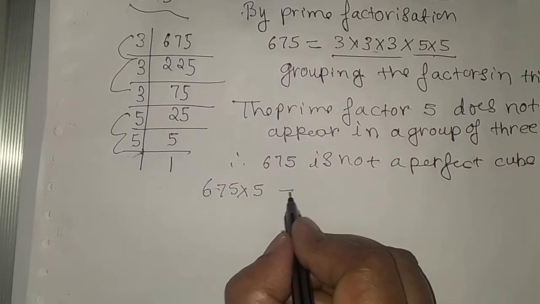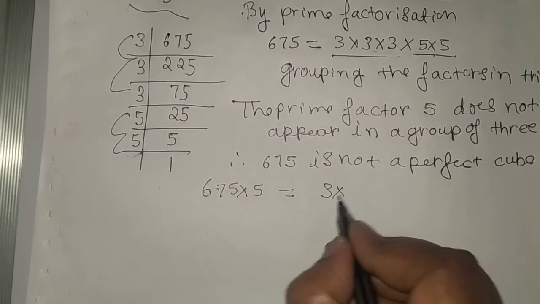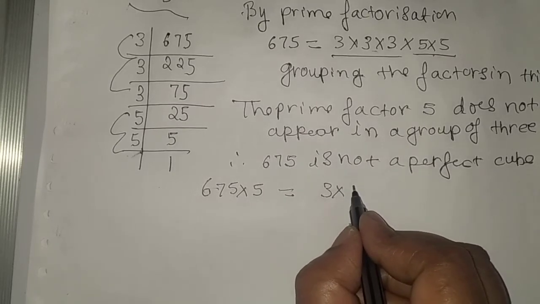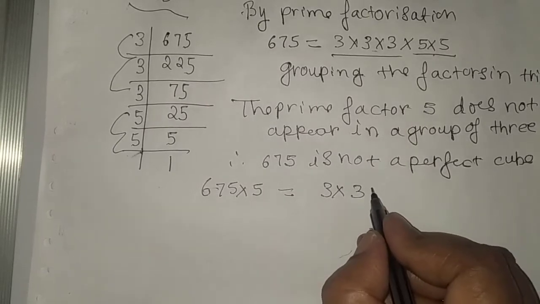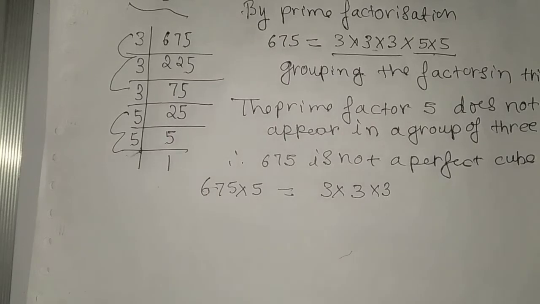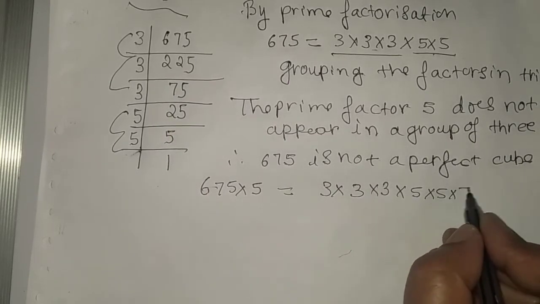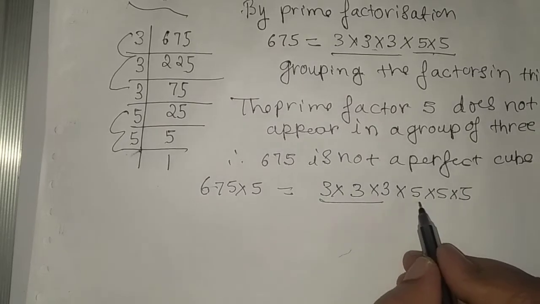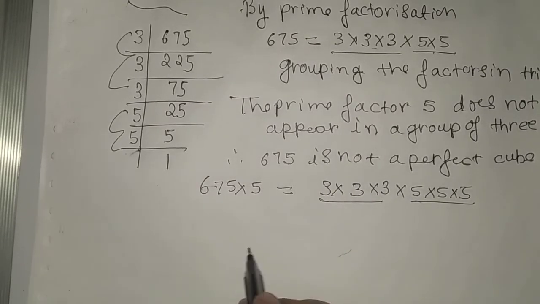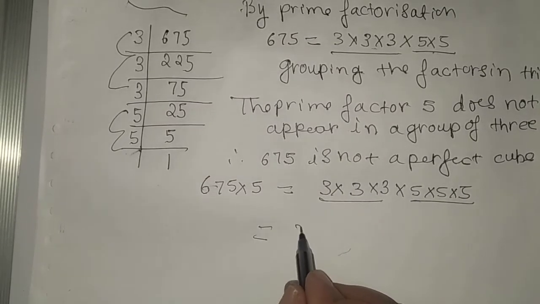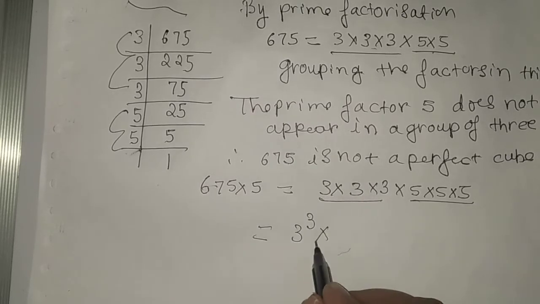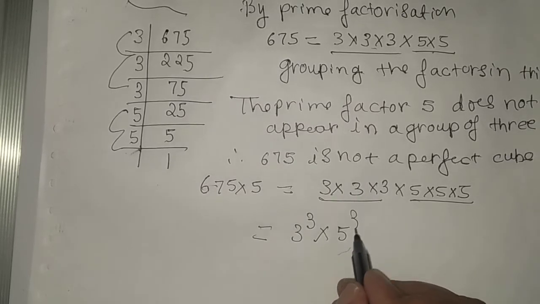675 into 5 is equal to 3 into 3 into 3 into 5 into 5 into 5. Now group this 3 as one group and this 5 as another. So finally we write 3 cube into 5 cube.